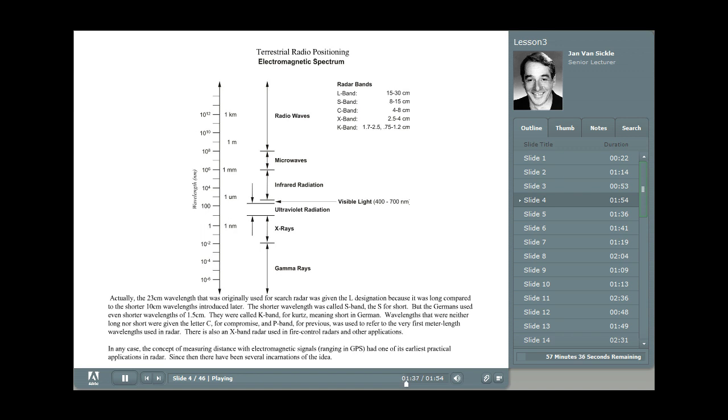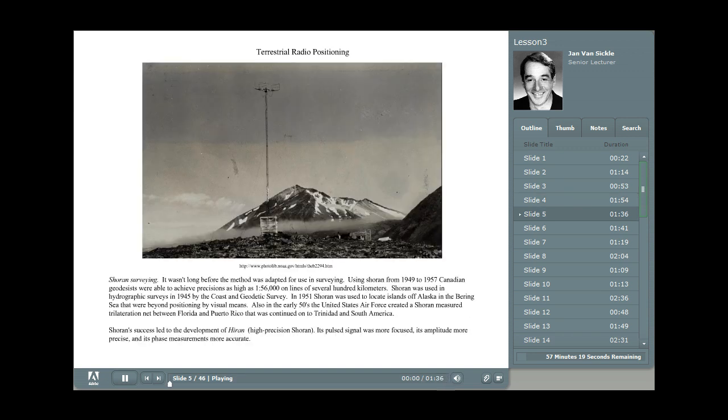And of course we're still making the most of it. So one idea that originated as far back as that era is this fundamental concept of being able to use electromagnetic energy to measure distances.